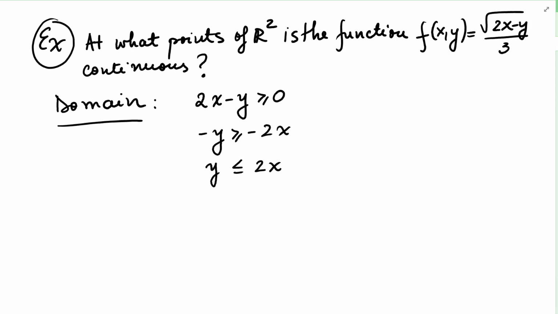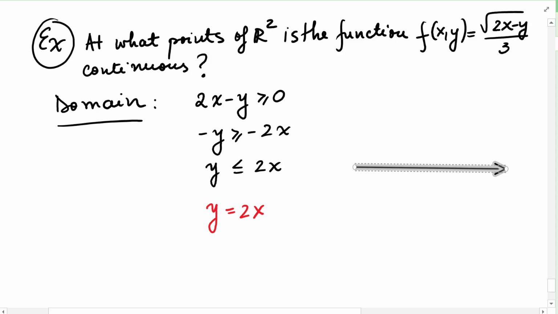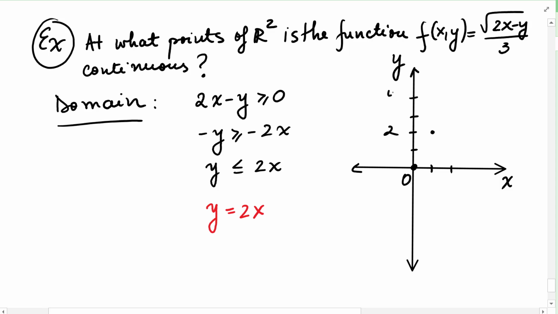That means negative y is greater than or equal to negative 2x, or y is less than or equal to 2x. If I were to graph this, I would graph y equals 2x. In the Oxy plane, if x is 0, y is 0; if x is 1, y is 2; if x is 2, y is 4.